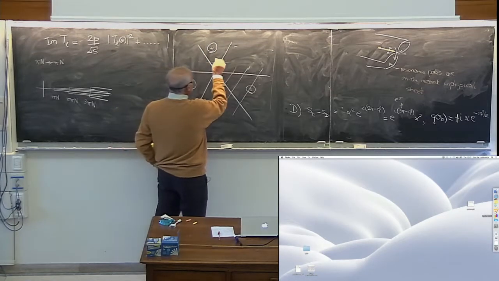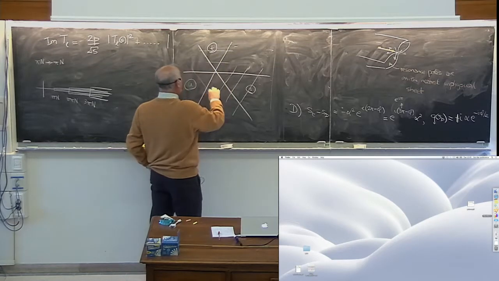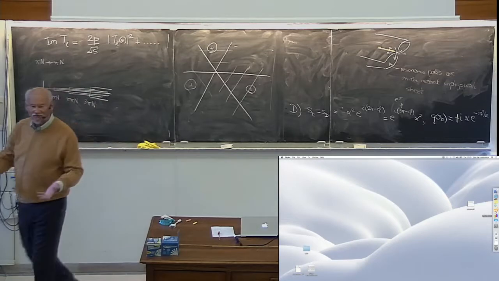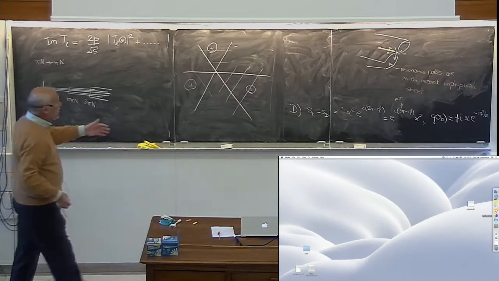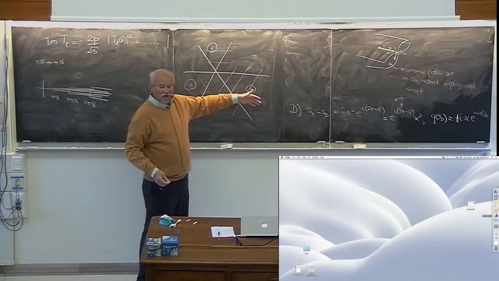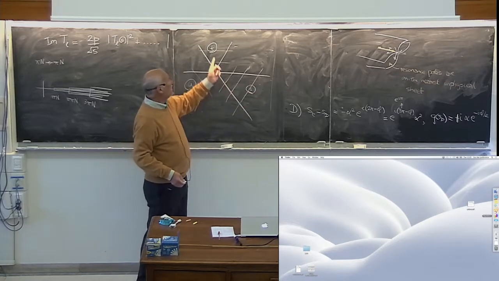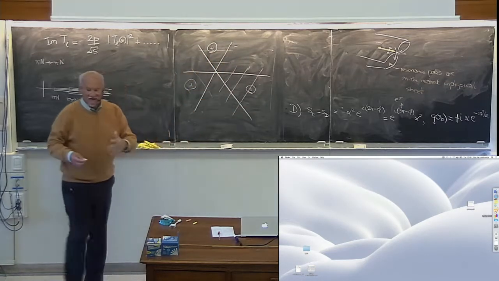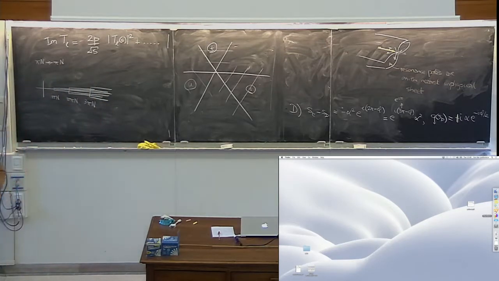So at every threshold in each of these channels, they may be completely different channels. You know, in this channel it might be proton-antiproton goes to pi-pi, whereas in that channel it would be pion-proton goes to pion-proton. So they're completely different processes with different thresholds.